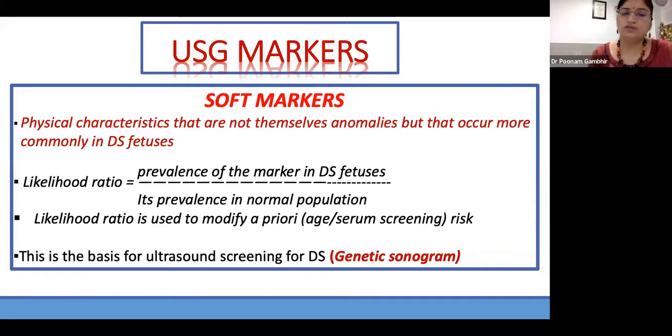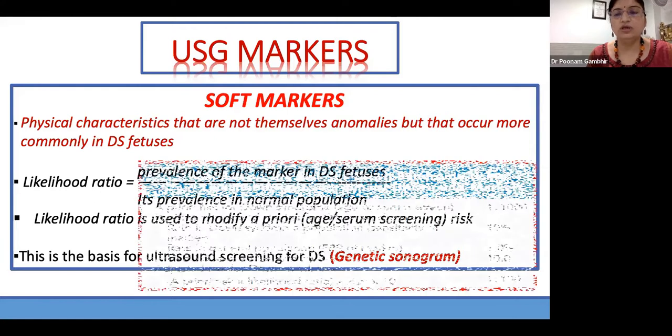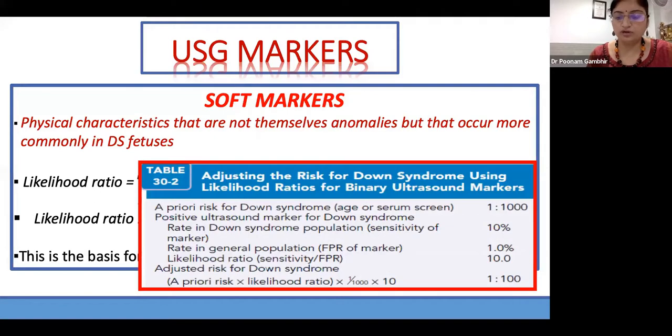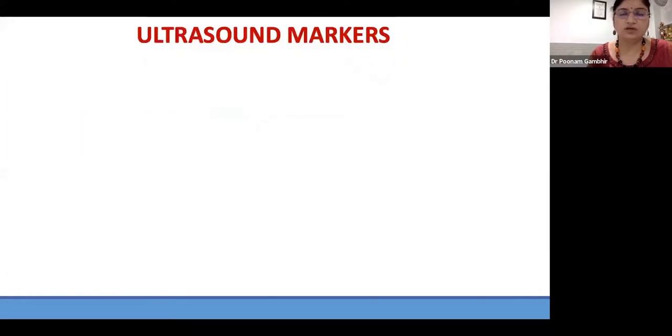This is the basis for ultrasound screening for Down syndrome, commonly called a genetic sonogram. According to the different likelihood ratios of different markers, we further modify the a priori risk of the biochemical one or the age risk.